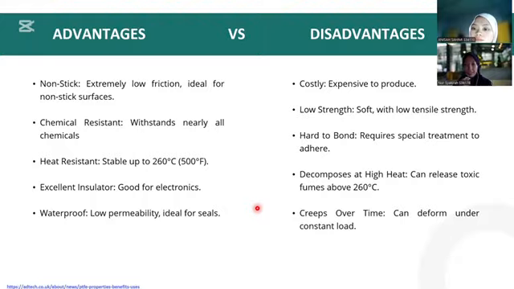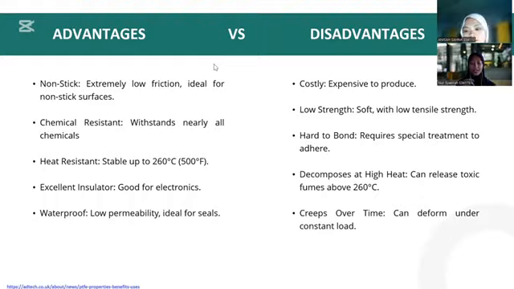But for the disadvantages, it is a costly polymer, where it's expensive to produce because it takes expensive cost to purify the fluorine. And it also has low strength. It has low tensile strength.